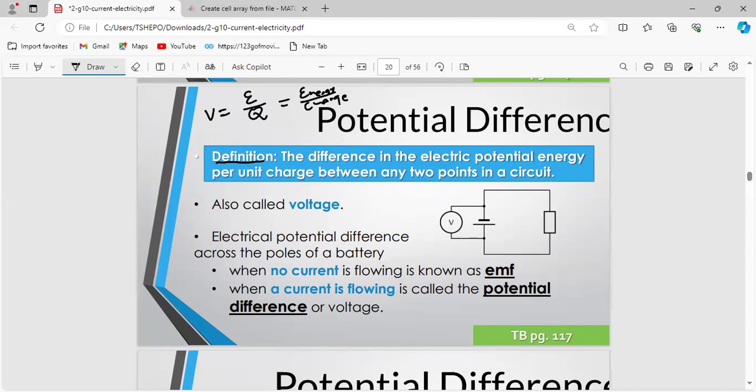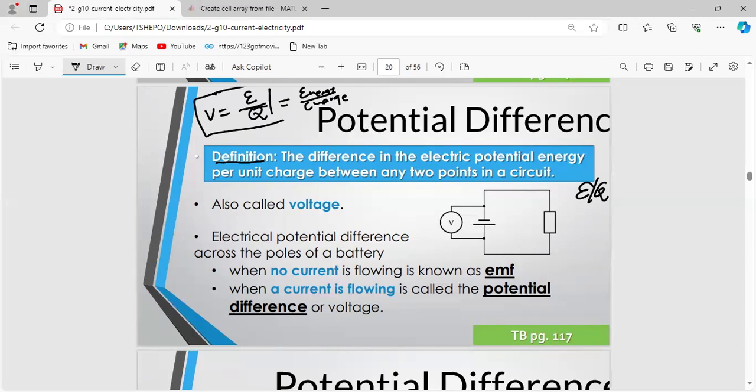If you forgot how to define it, think of this formula. This formula actually describes what we see over here. What is potential difference or voltage, which is V? We say it is the difference in electric potential energy. E is the electric potential energy. Per is like E per Q, E divided by, or per unit charge.